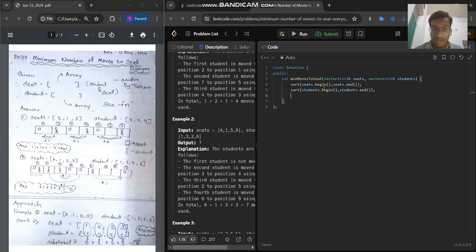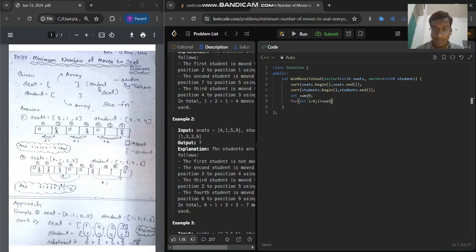After sorting, we just have to do the subtraction of each position of student and seat, and add. For adding the result, I'm declaring one variable, sum equals 0. Currently this is 0, and I'm running the loop from i equals 0 to i less than seats.size(), i plus plus. I can take the seats length or student length.